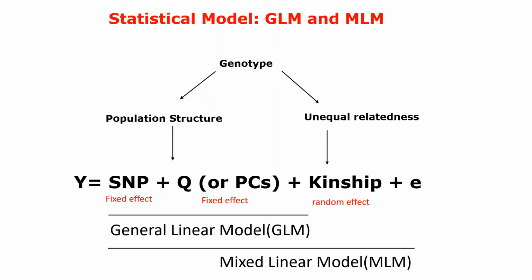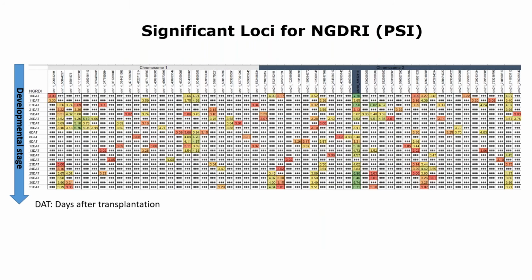I will come to our clock trait a little bit later, but I would like to first discuss the trait from the PSI Research Center. We followed the MLM model to analyze the data. This is the data for the NGDRI trait from the PSI system.